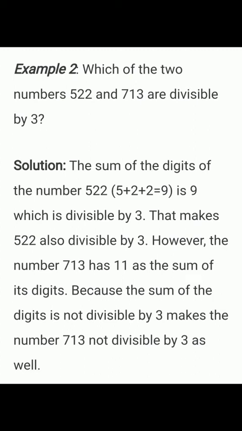Let us see one more example. Which of the two numbers 522 and 713 are divisible by 3? The sum of the digits of the number 522, which is 5 plus 2 plus 2, is 9. And we all know 9 is divisible by 3.